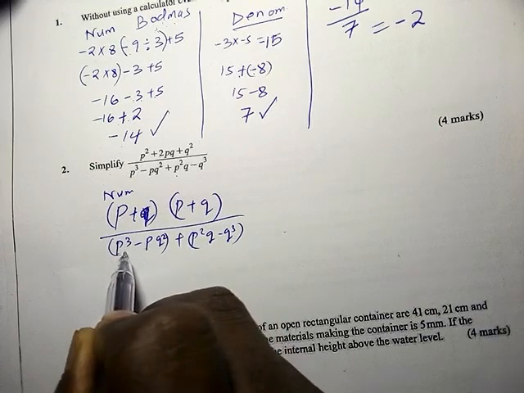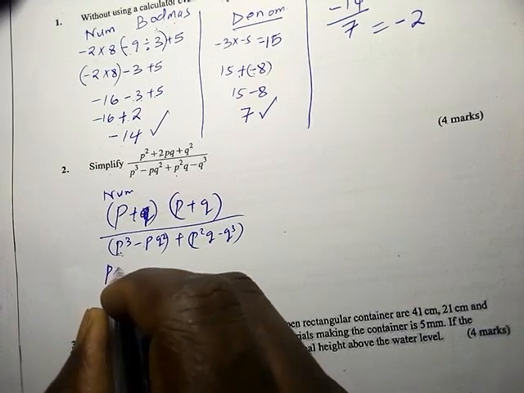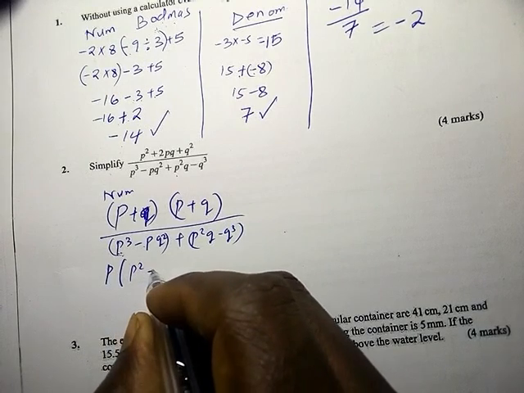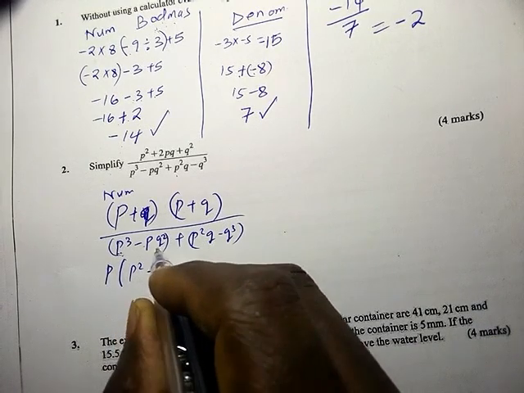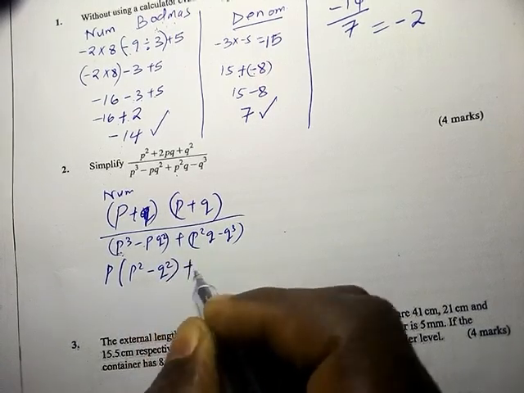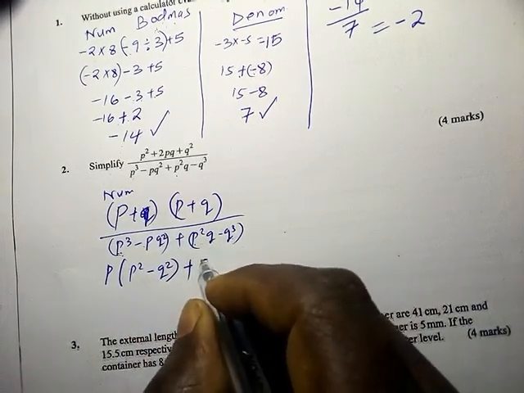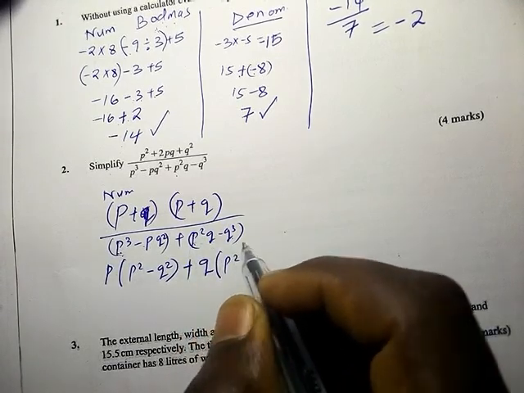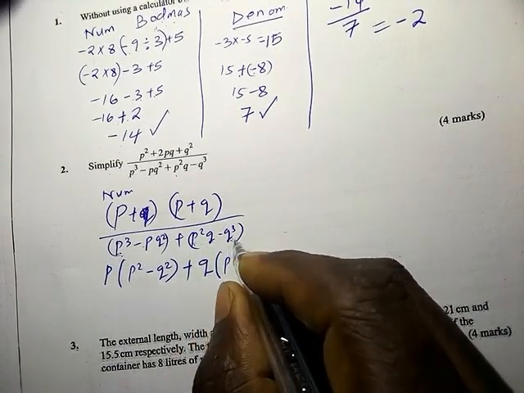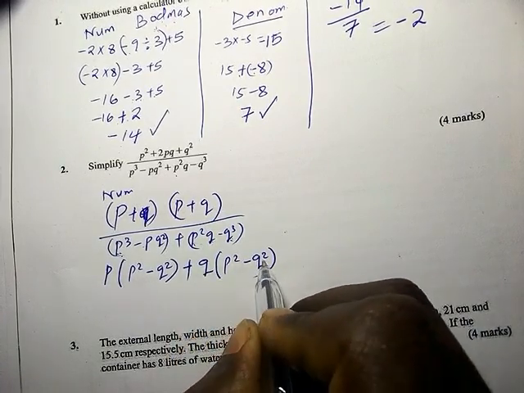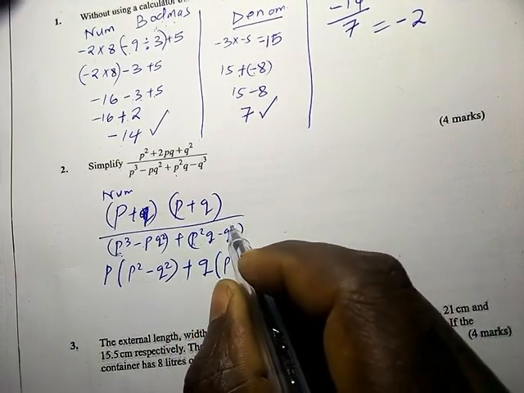You can see that p is common, so p into p square minus q square, plus what is common here? q is common, so q into p square minus q square. Q times q square is q cube.